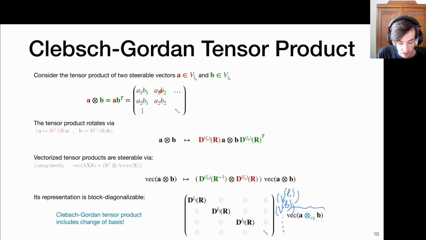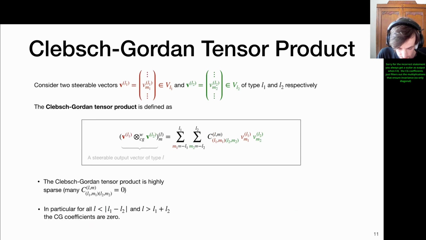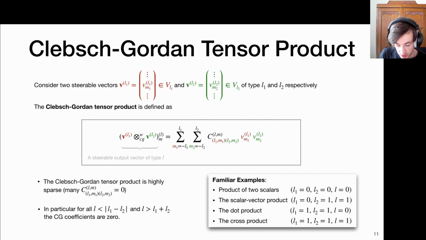So that means a lot of these multiplications should be set to 0, otherwise I do not obtain a scalar value as output. And then the cross product is also a particular instance of a Clebsch-Gordan tensor product that maps a type 1 vector, a 3-dimensional vector, times a 3-dimensional vector, and spits out another type 1 3-dimensional vector by taking a particular combination of these multiplications.